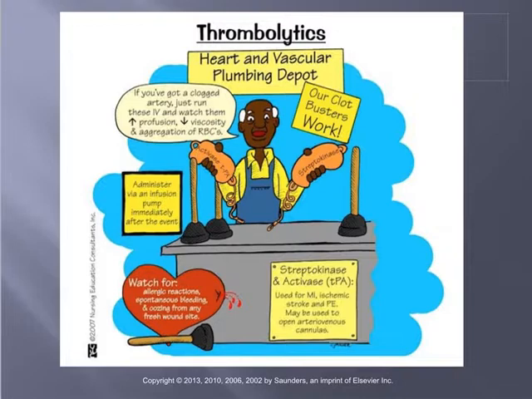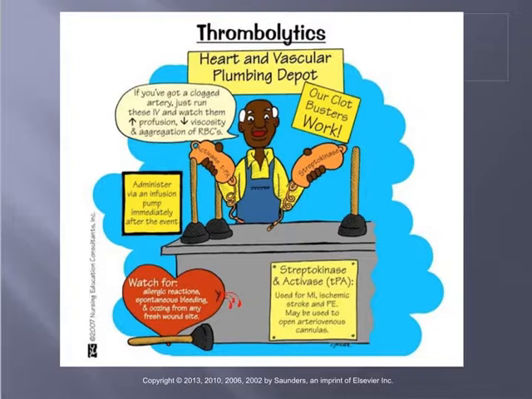So the way to think about these is they are clot busters. Whereas heparin and Lovenox and Coumadin are anticoagulants, they decrease the clotting ability. Clot busters actually break up clots. So they are used strategically when we know where and how long a clot has been placed.